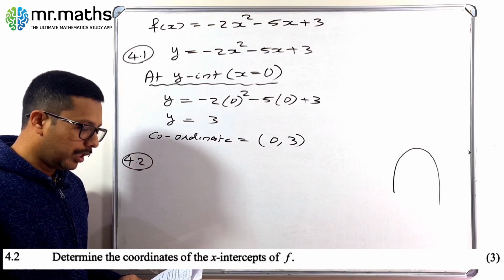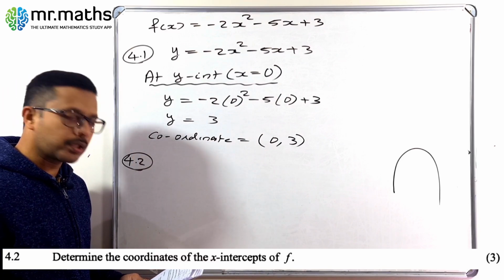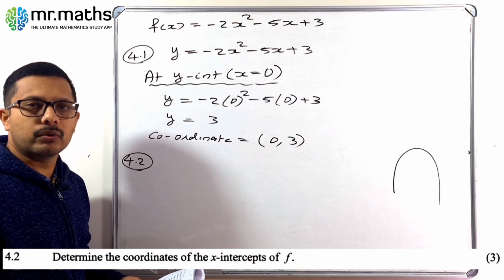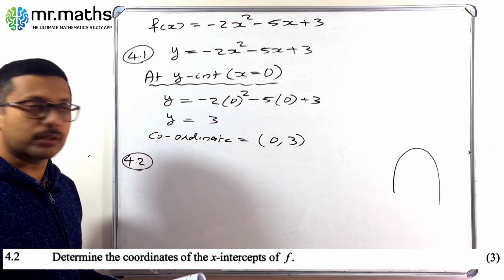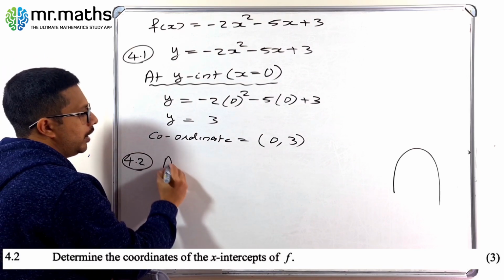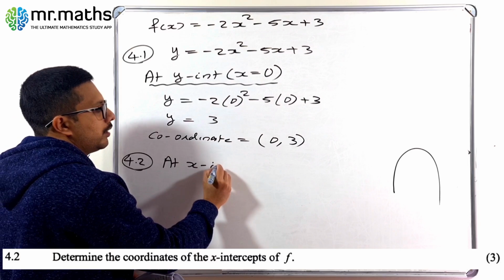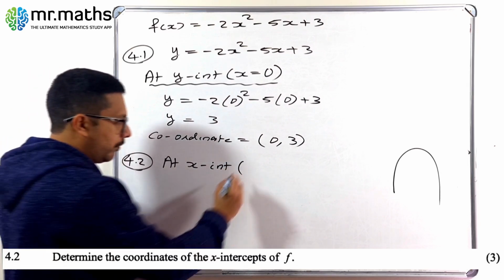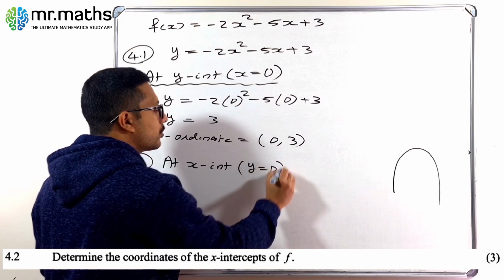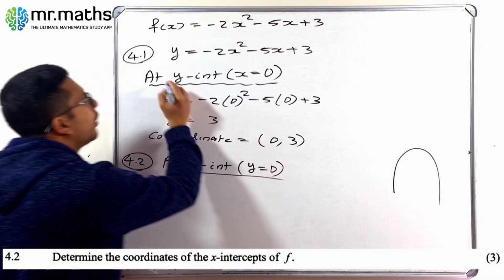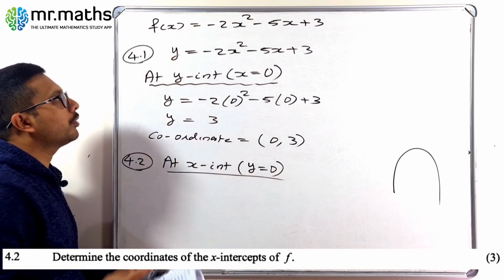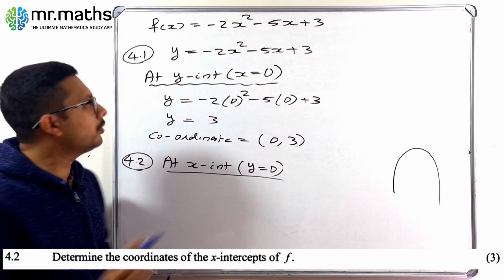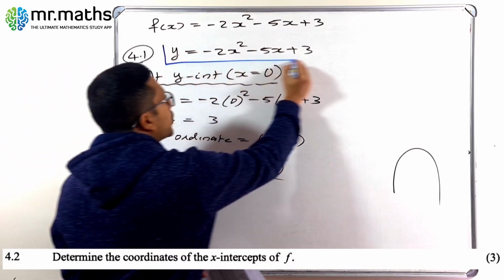Now let's go to question number 4.2. Determine the coordinate of the x-intercept of f. Here you have to find the x-intercept. That's also a simple question. At the x-intercept, what is the value of y? Y is equal to 0. So here you have to substitute the value of y as 0 in our given equation.